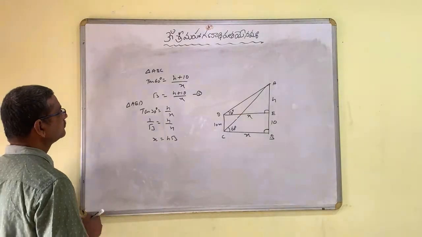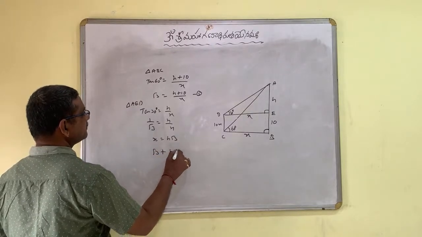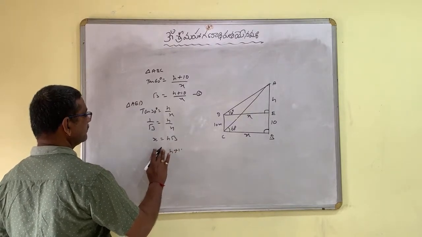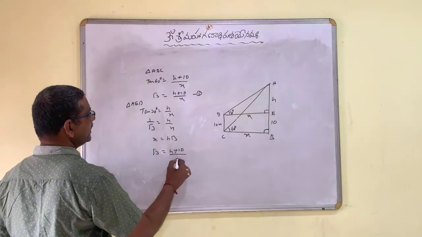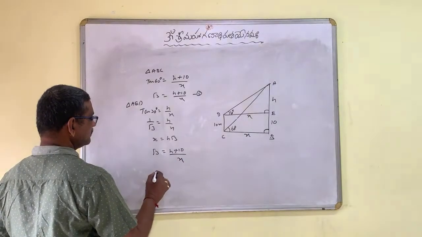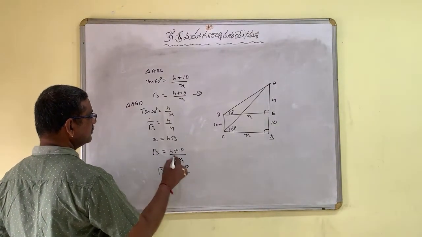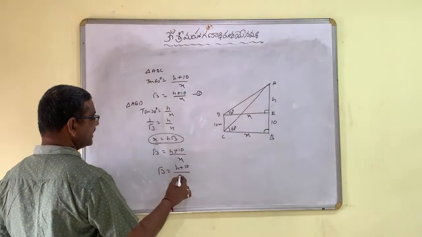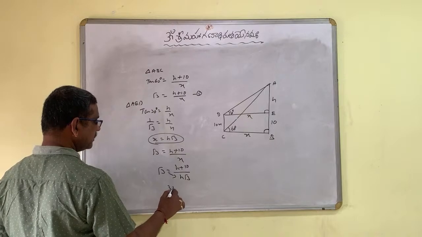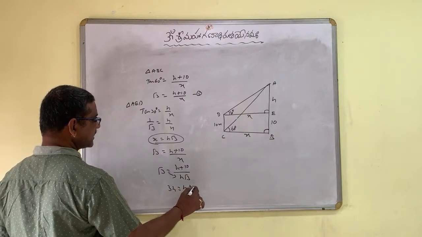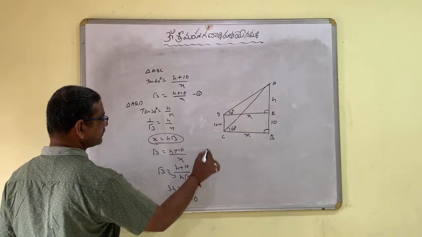Substitute the value here. Root 3 is equal to H plus 10 by X. In the place of X we can write H root 3. Now do cross multiply. 3H is equal to H plus 10. 2H is 10.